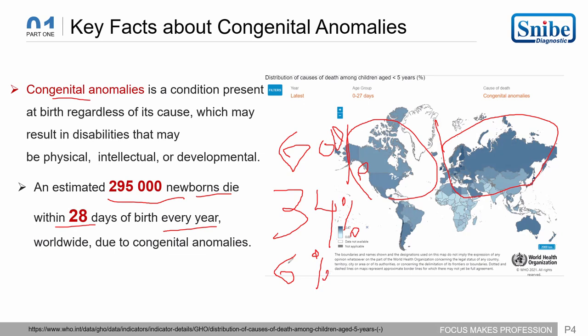You can see the areas more prone, with a higher prevalence of congenital disorders, like Brazil, then the American regions, then these regions of Asia, and then the Australia regions. So this is the global epidemiological distribution of congenital disease.